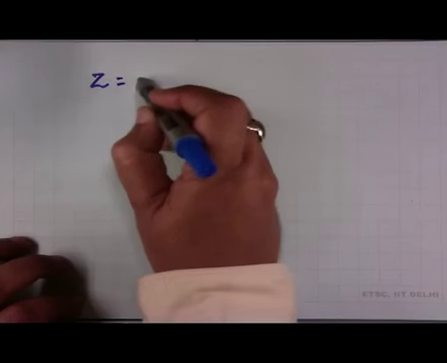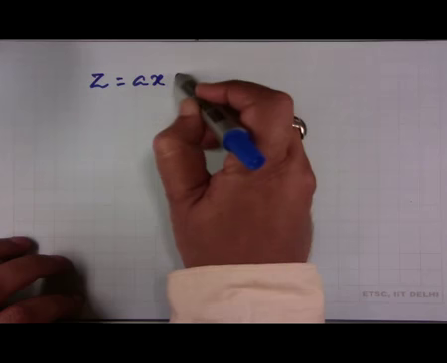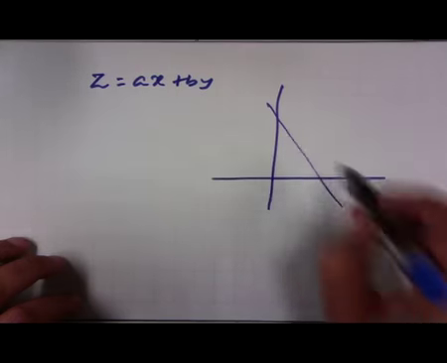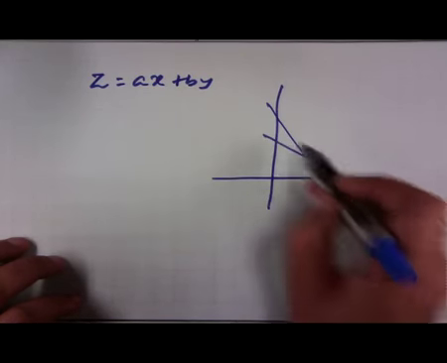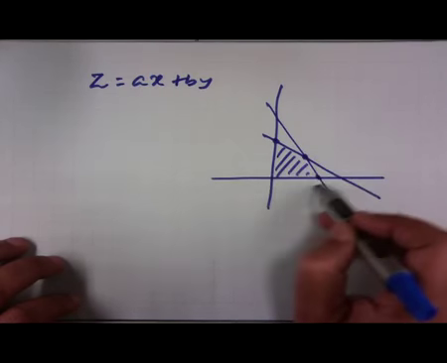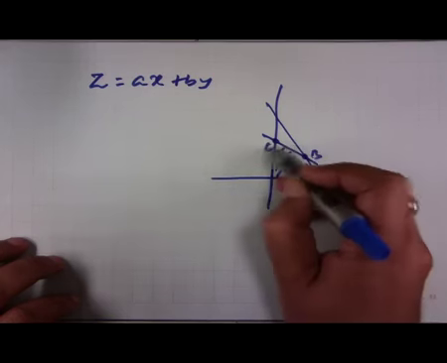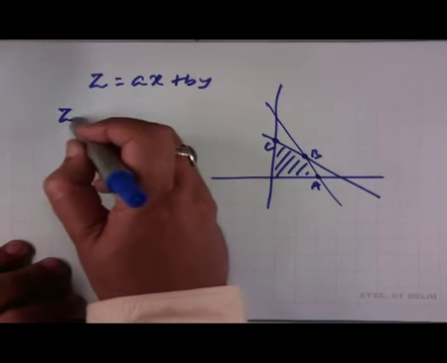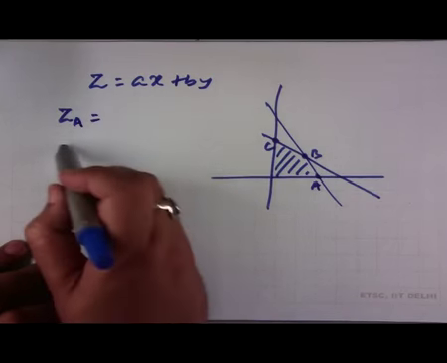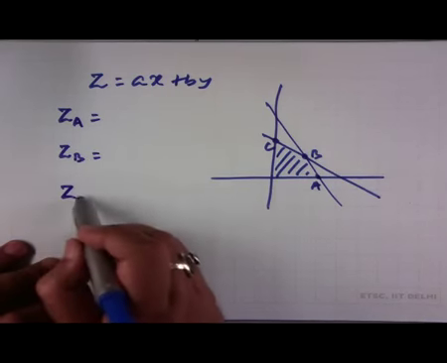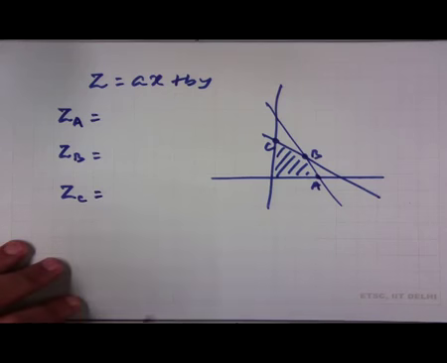So, suppose the objective function is z equal to ax plus by, and the feasible region has its corner points, say A, B, C. Then we have to find the value of z at A, meaning ZA, the value of z at B, ZB, and the value of z at C, that is ZC.